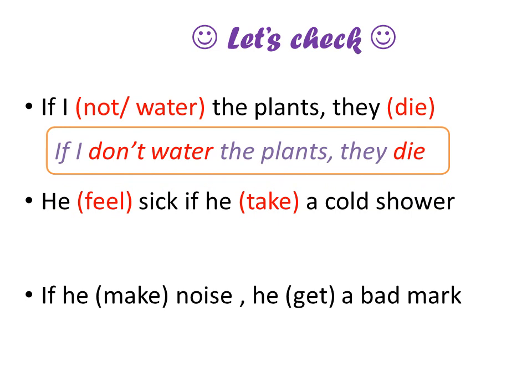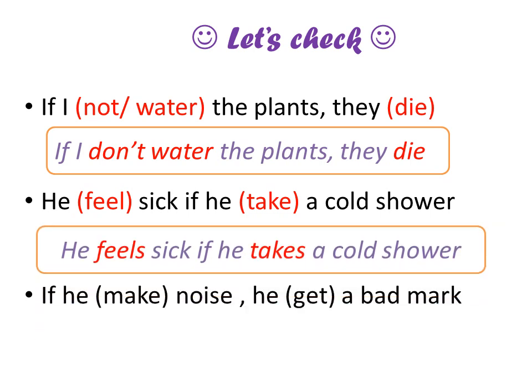Yes, if I don't water the plants, they die. Remember, we have if plus present simple plus comma plus present simple. In the second example, he feels sick if he takes a cold shower.